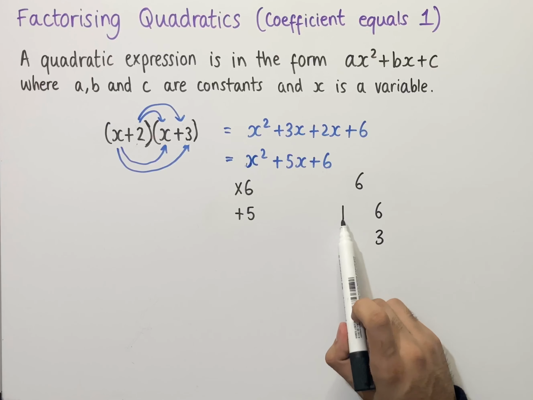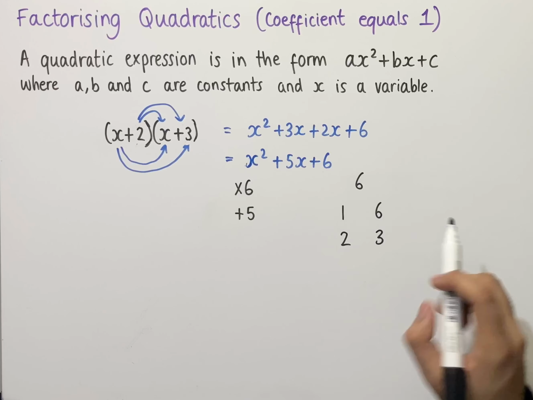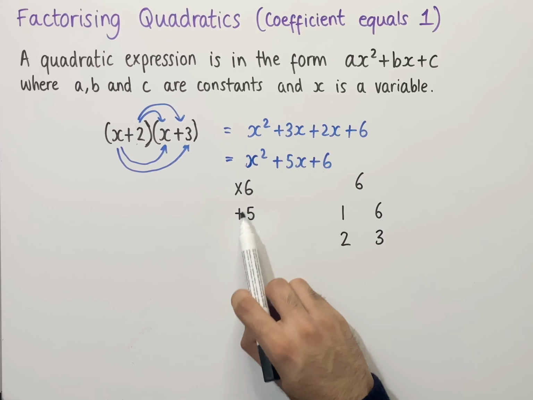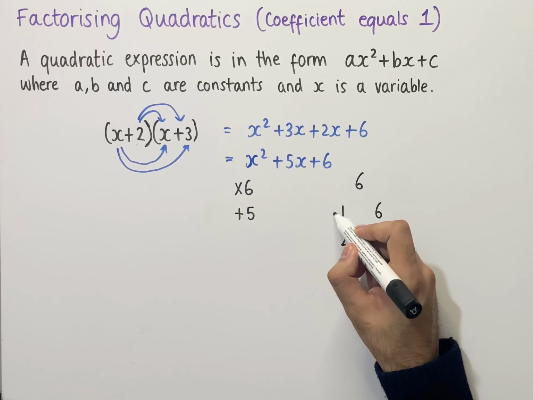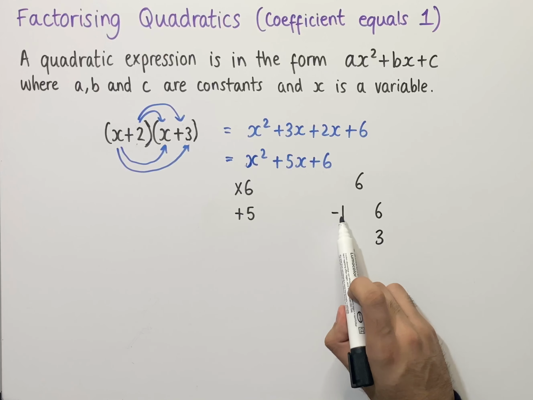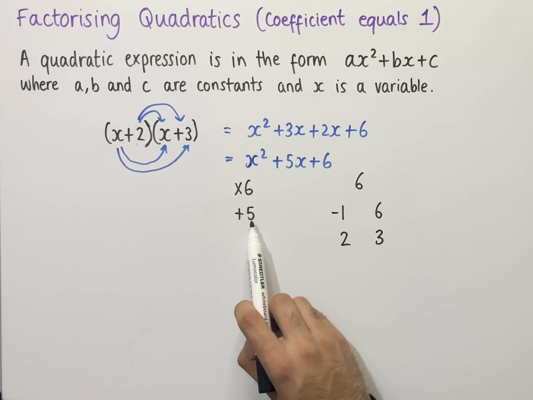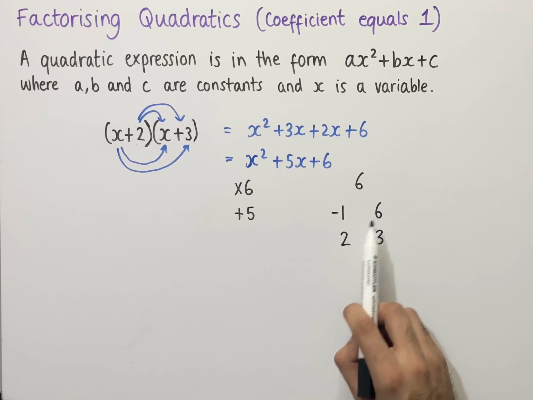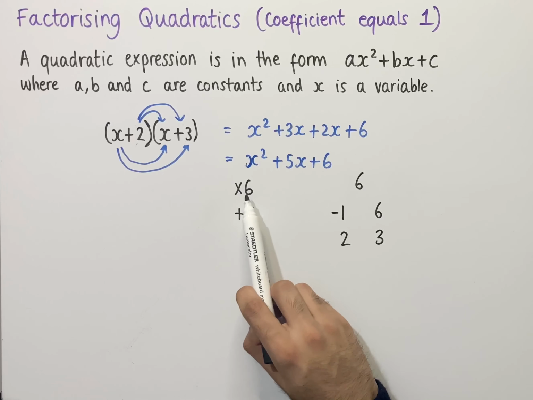So if we look at 1 and 6, if we have both of these as positive, then 1 plus 6 gives us 7, which is not what we require since we need 5. If we took 1 to be negative, for instance, then minus 1 plus 6 is equal to 5, so that does work. But now minus 1 times 6 equals minus 6, and our condition is that the two numbers need to multiply to make 6.